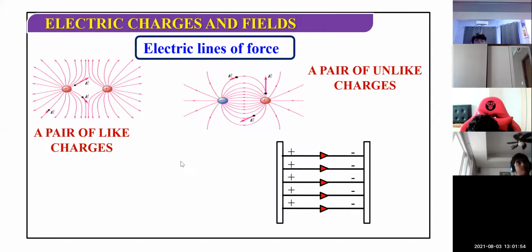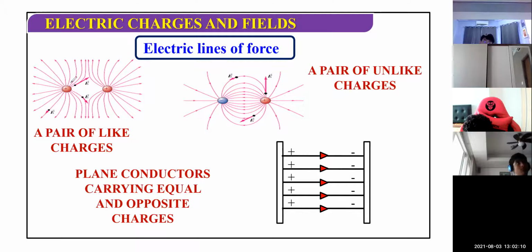Now, children, these diagrams, these patterns, you need to remember. In the first picture, you can see we have two positively charged bodies. One is a positive charge, the other is also a positive charge. When one positive and the other positive are placed close to each other, what about the electric field patterns?